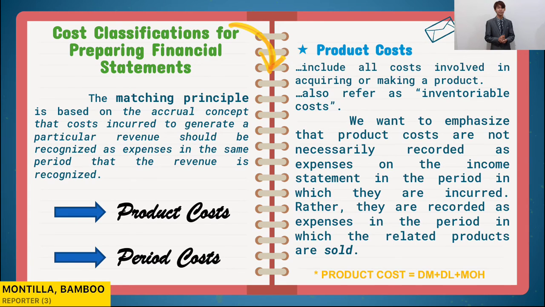That's why we want to emphasize that product costs are not necessarily recorded as expenses on the income statement in the period in which they are incurred. Rather, they are recorded as expenses in the period in which the related products are sold.